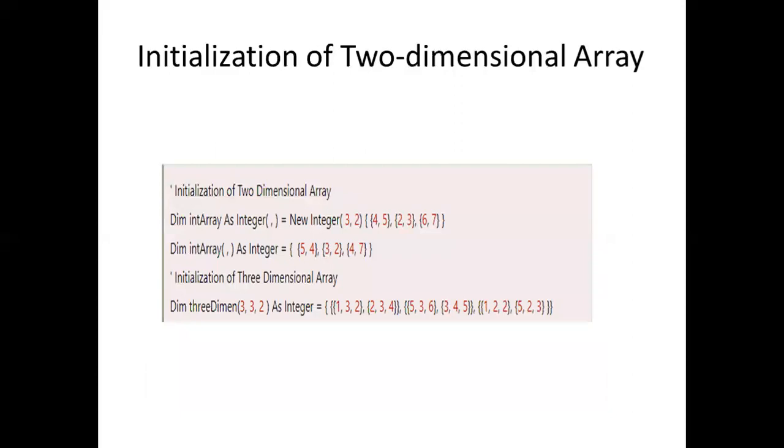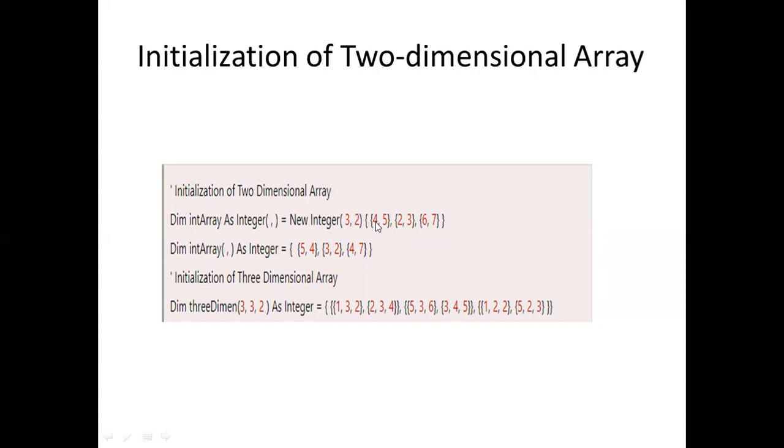Okay, so when you are initializing the two-dimensional array, this is how you do it. You declare the variable, and you can use the word New Integer. Then you can say we are going to have three rows, and we are going to have 2 columns. This is what it means. And how you now initialize the values.